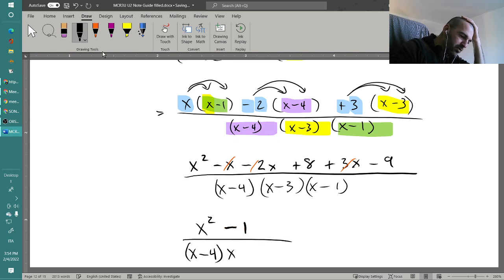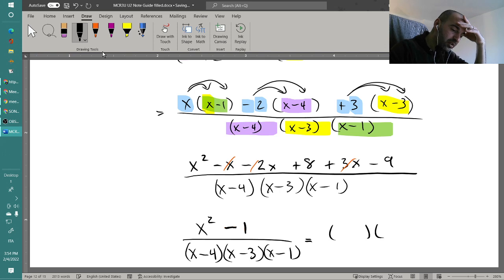We got an x minus 4, an x minus 3, and an x minus 1. I'll factor my numerator here, and I'll get x minus 1 and x plus 1. That's the difference of squares. Okay?